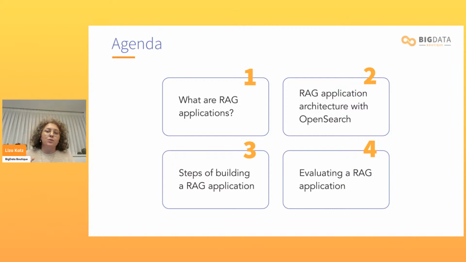And we're going to do that by using a specific example. We have a use case that we're going to use throughout this crash course to better understand what we're talking about. Then we'll go step by step and really understand the nuances and intricacies of building a RAG application. And then hopefully we'll have the time at the end of this hour to talk a bit about evaluation, which in my opinion is one of the most important and under-discussed topics when building with Gen AI and LLMs.